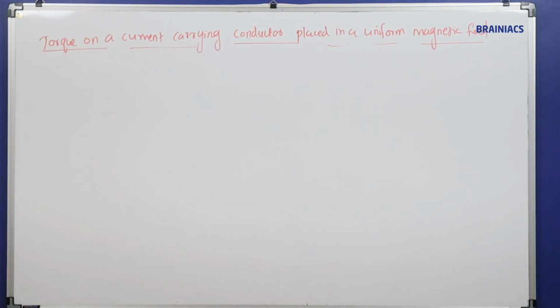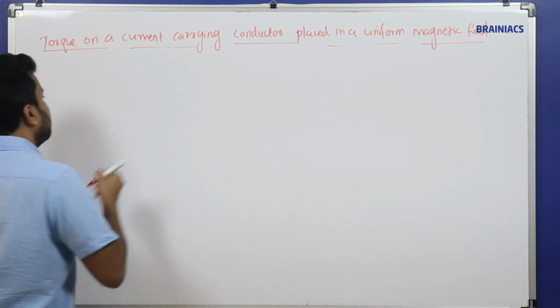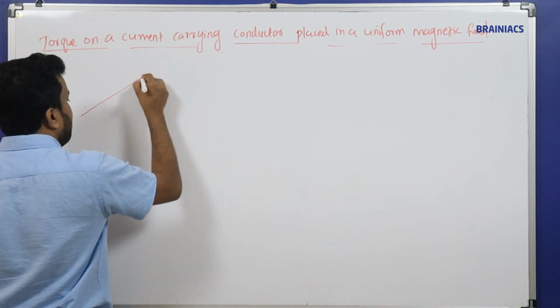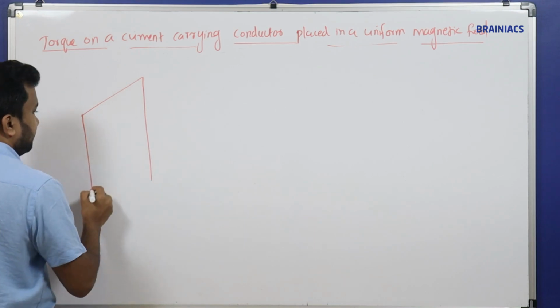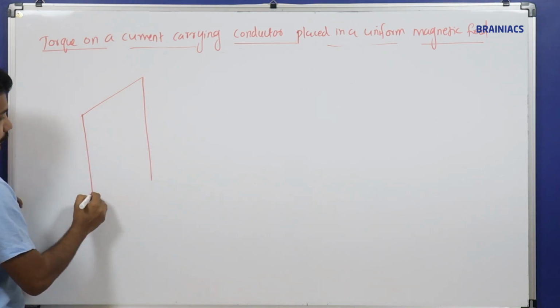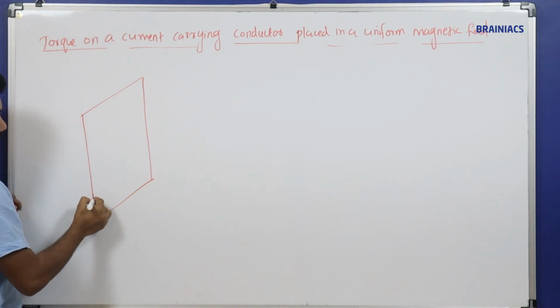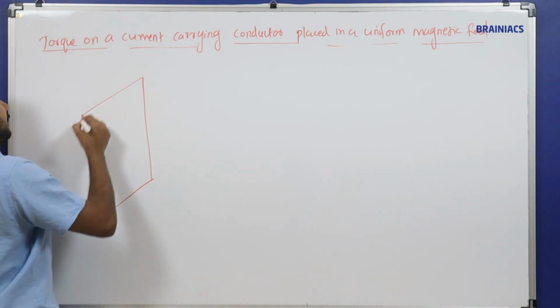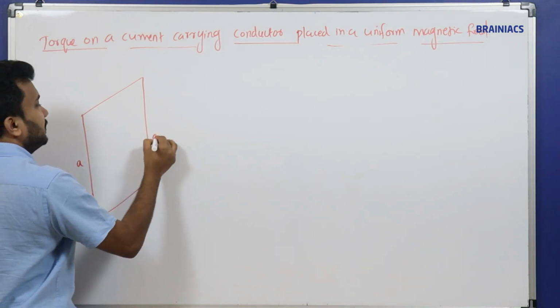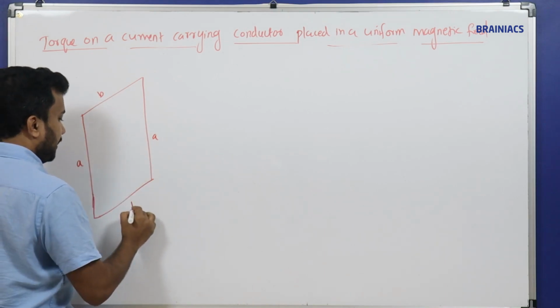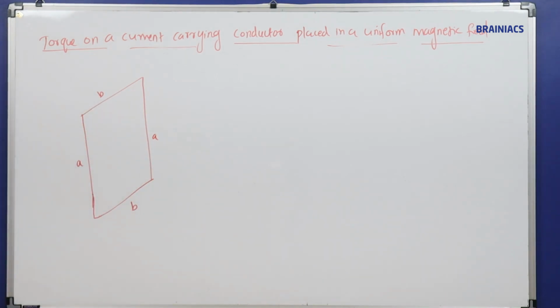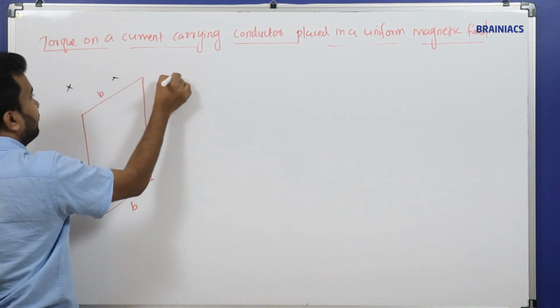Now the coil is tilted like this. This length is called A, this length is called A, and this is B, and this is B. But still, the magnetic field is into the board, and it is a uniform magnetic field.